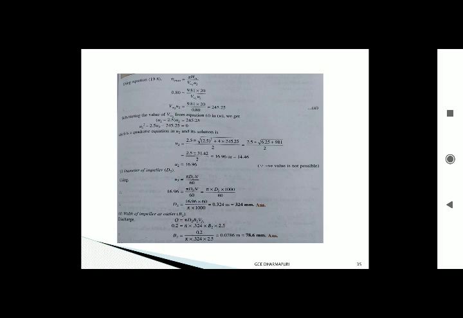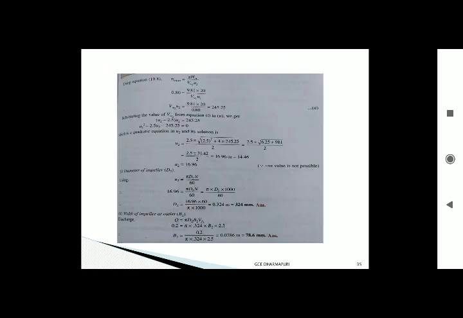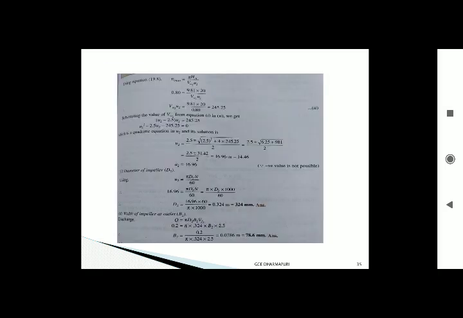Then I am substituting Vw2 from equation 1 in equation 2. Here Vw2 equals u2 minus 2.5. In equation 2, Vw2 u2 is 245.25. So instead of Vw2 I am substituting u2 minus 2.5, then everything becomes in terms of u2. Then simplifying that quadratic equation, I'll get u2.